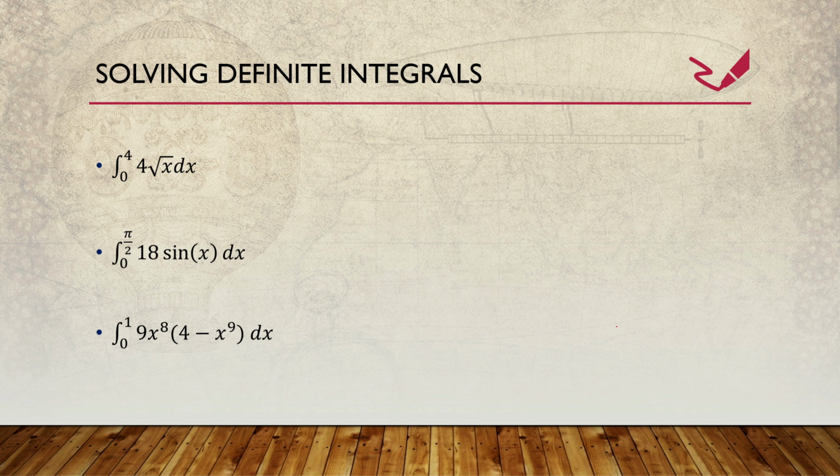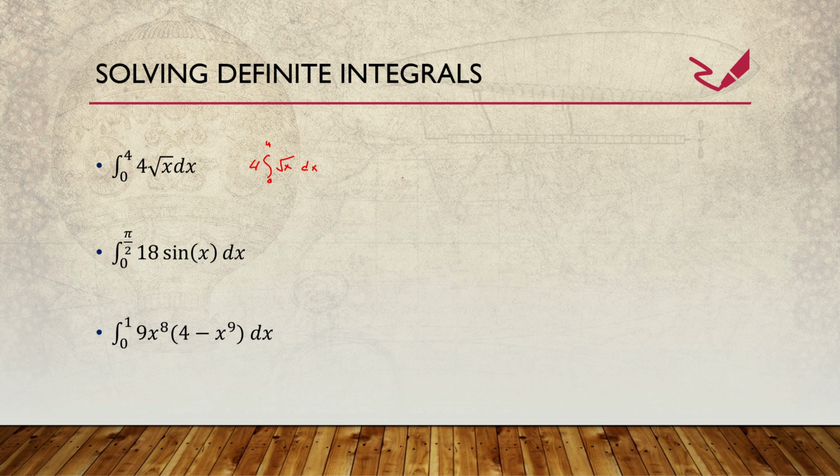Now we'll move on into definite integrals. Definite integrals are a lot easier, but they can also be tricky at the same time. So for this definite integral, we'll pull out 4, and then you will have the integral of square root of x, with your bounds of 4 and 0, dx.